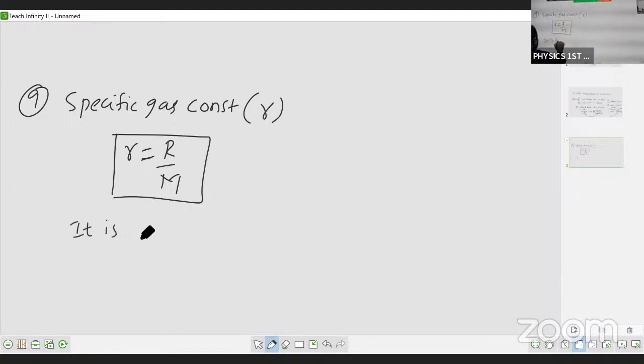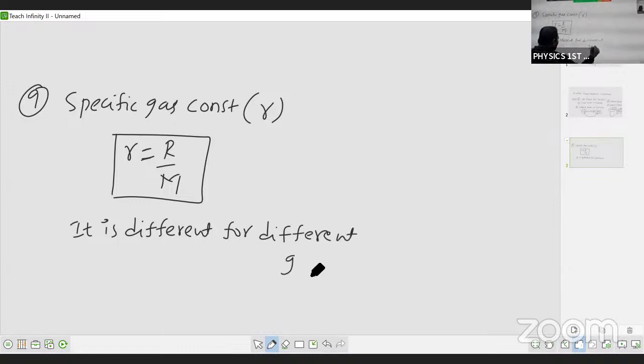It is different for different gas. Ratio between universal gas constant and molecular weight. They are just asking what is specific gas constant, is it same? So it is different for different gas.